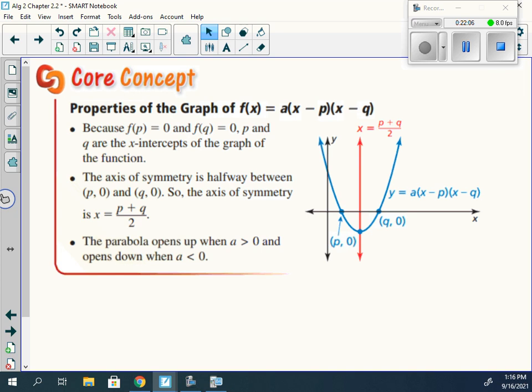So if I want to know what the axis of symmetry is, the x value, I can add p and q together and divide by 2 to get the axis of symmetry, or the x value of the vertex. So for this here, we can actually take p plus q and divide by 2 to get the x value of the vertex. And the y value is going to be f of p plus q divided by 2.